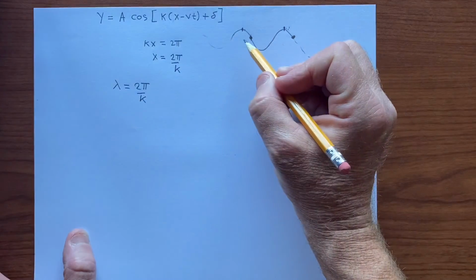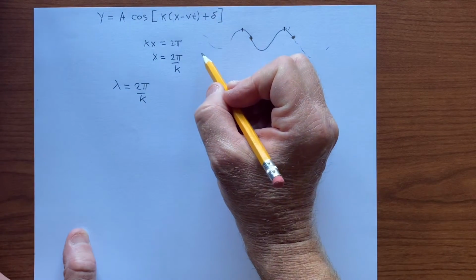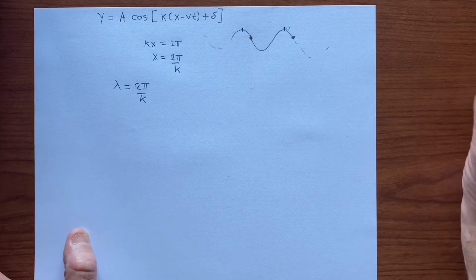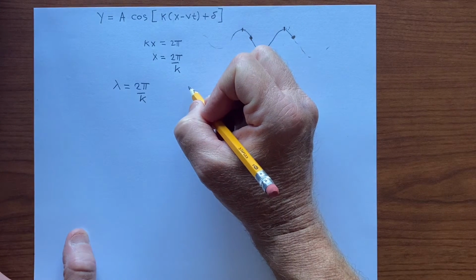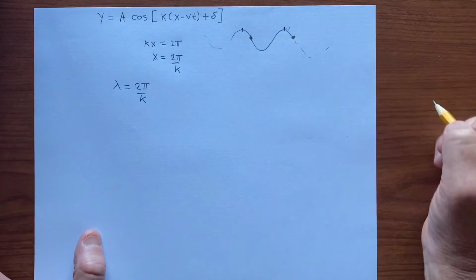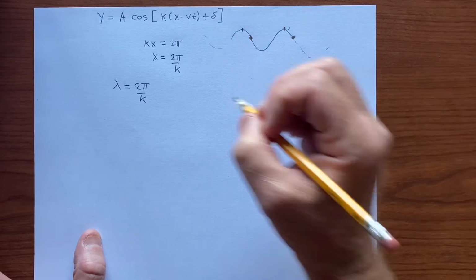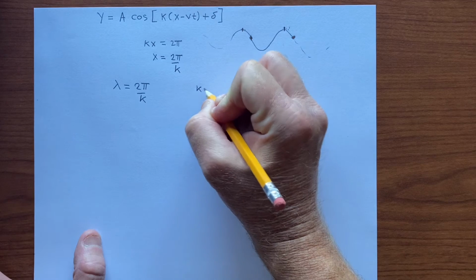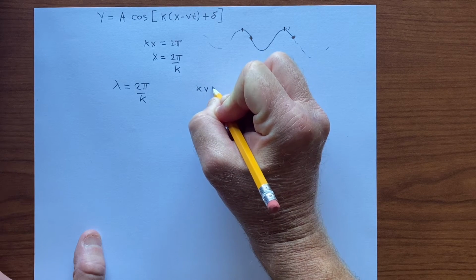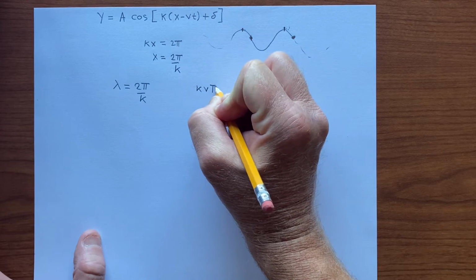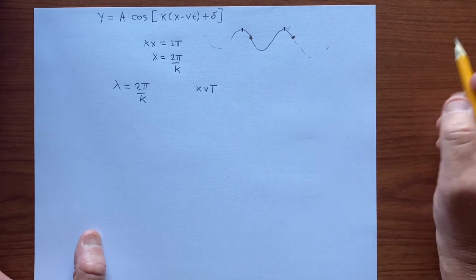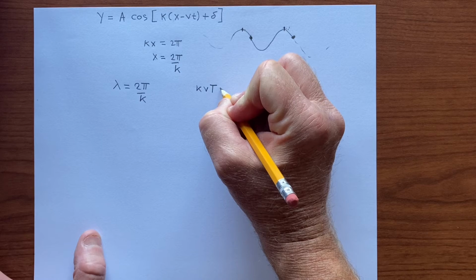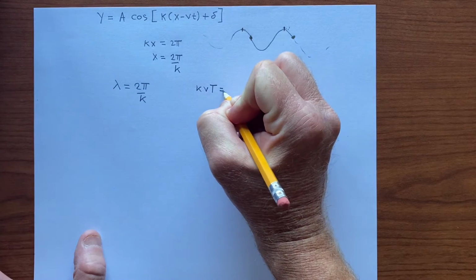But now let's consider this thing moving in time, and a full cycle in time. Then we are referring to kvt, or the special t such that the function repeats itself.